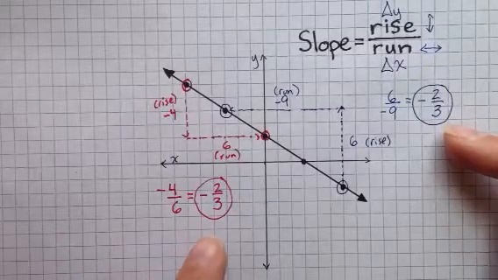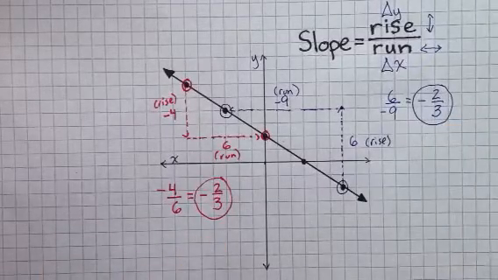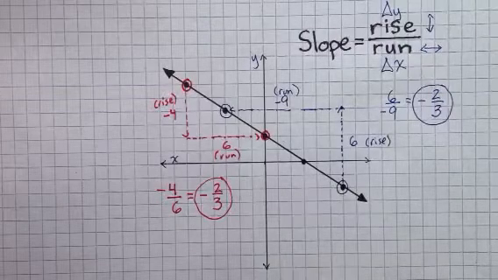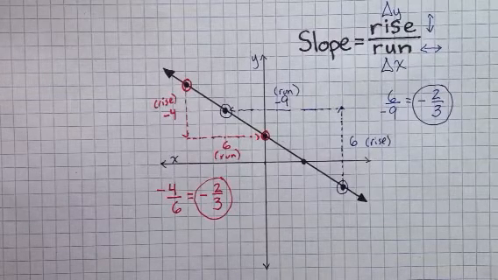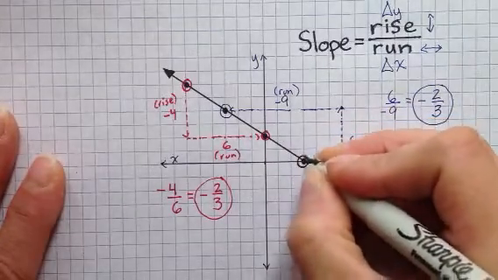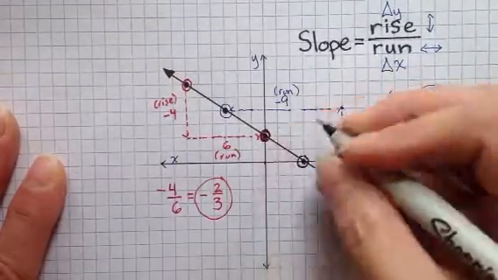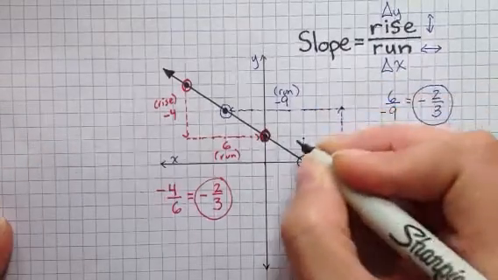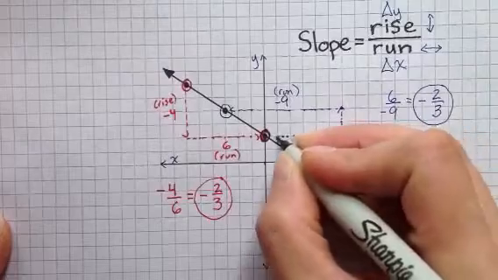It doesn't matter. And in fact, I'll show you, if you want your simplified answer right away, the easiest way would be to get the two closest points. So let's do this one last time and choose 2 points that are real close. I've got room right in here. Okay, so I'm going to go from this point to this point. And I'm going to rise this way and run this way.